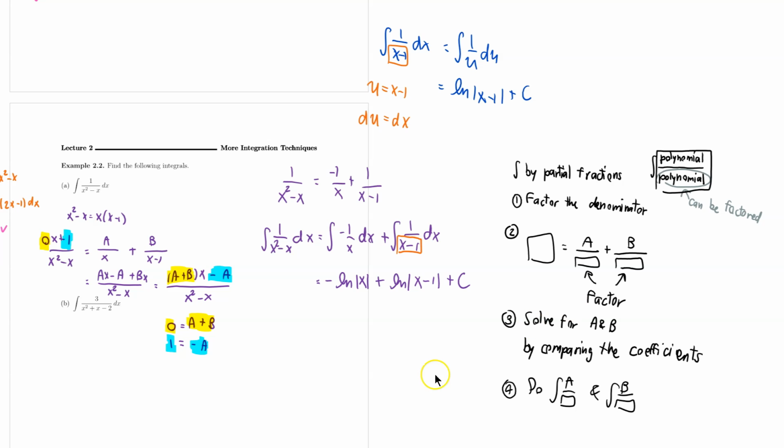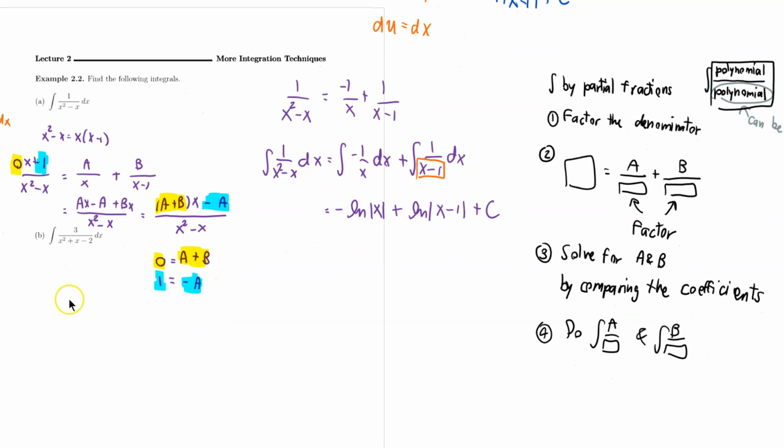So now let me try to do part B here. I would like to integrate 3 over x squared plus x minus 2. So I'm just going to do the step here. I'm going to have to factor the denominator. So now my x squared minus x plus 2, I can factor this as x plus 2 times x minus 1.